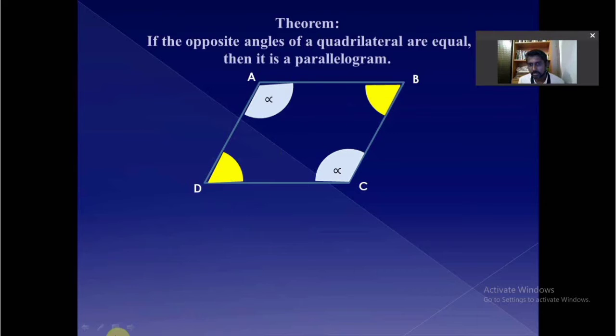These are opposite angles, and when both pairs are equal, we call it a parallelogram. Here angle ABC equals ADC and BAD equals DCB. That's the first one.